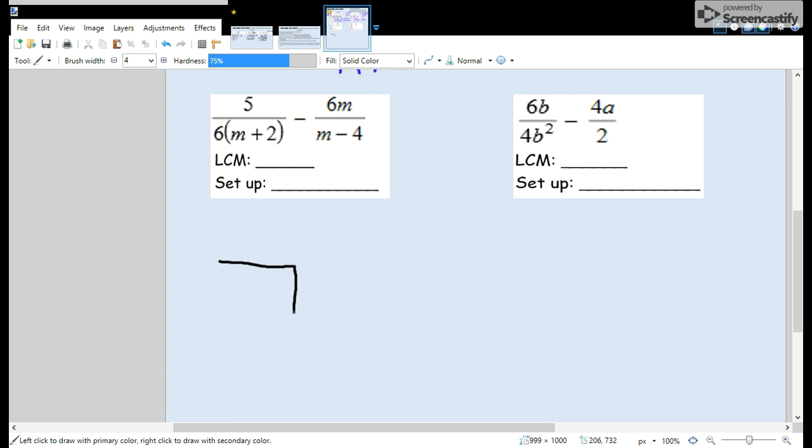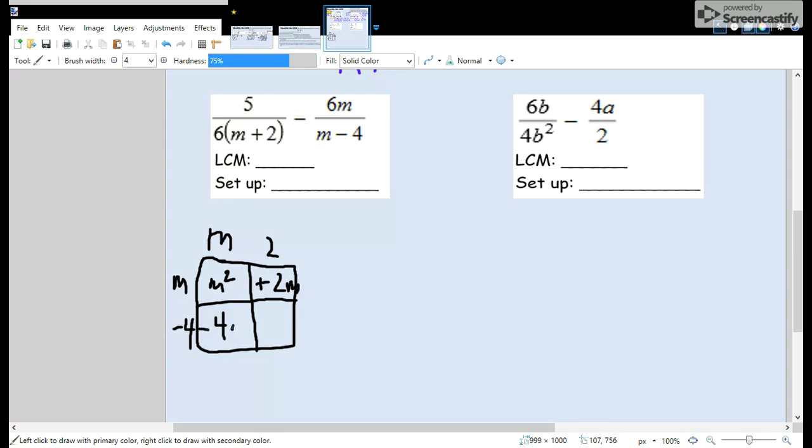Go ahead and set up your box. m squared, 2m, negative 4m, and then minus 8. And then we multiply each of those by 6.